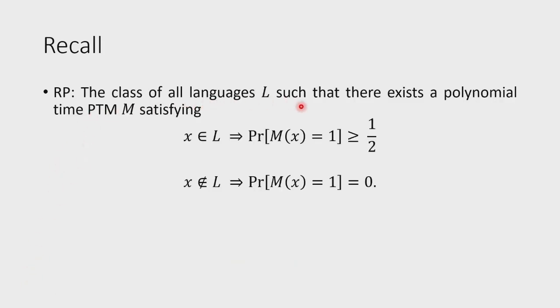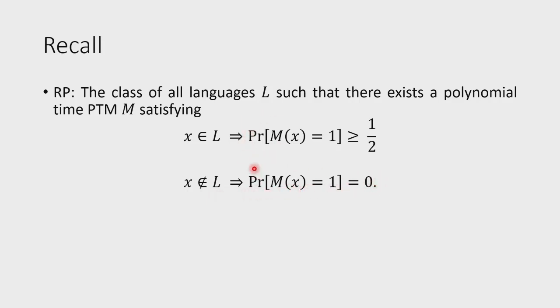Then you would have seen the definition of the class RP. RP is the class of all languages L such that there exists a polynomial time probabilistic Turing machine M satisfying two conditions: x in L implies the probability that M(x) equals 1 is at least half, and x not in L implies the probability that M(x) equals 1 is 0.